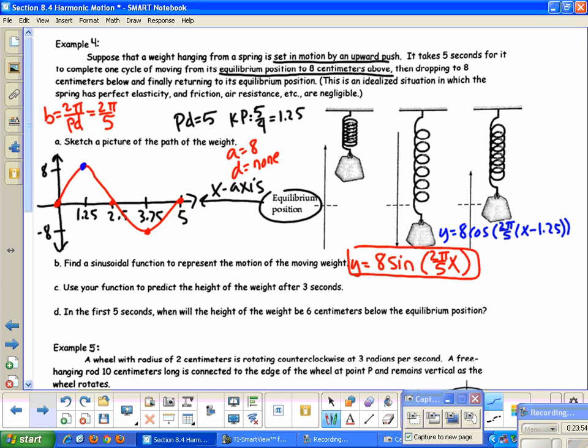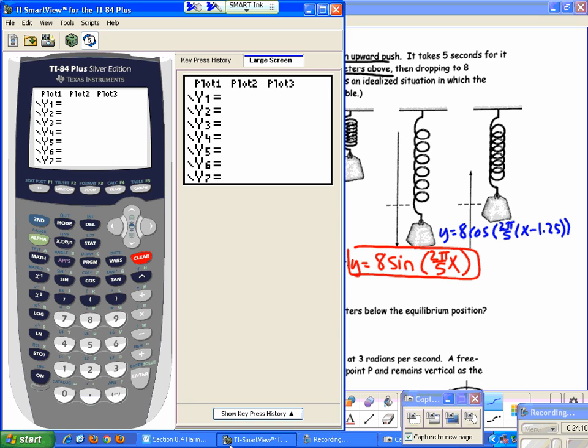C says we want to use your function to predict the height of the weight after 3 seconds. So then, of course, we're saying, well, when x equals 3, what does my y value equal? So I would plug this into my calculator.